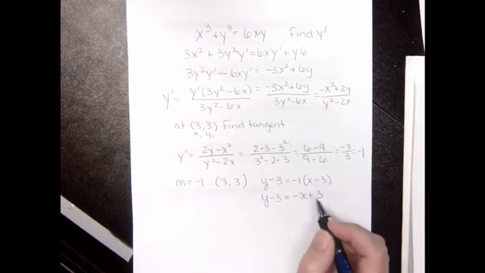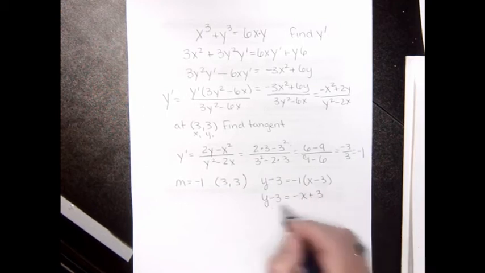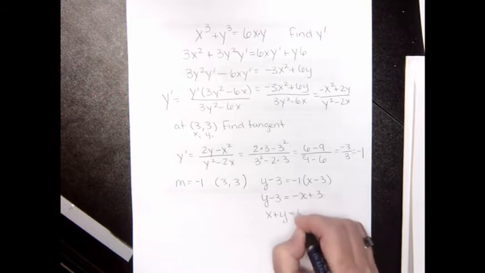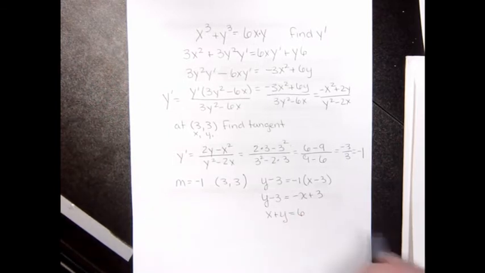All right, so now I'm going to move my x and y on the same side, put it in standard form, equals 6. Now you might say, well, how do I know what form to put it in, standard form or slope-intercept form? Well, usually if you're not told, you just put it in standard form, but slope-intercept form would be fine as well, okay?